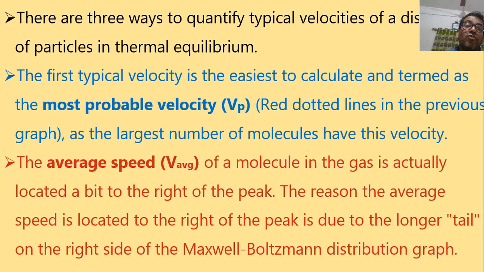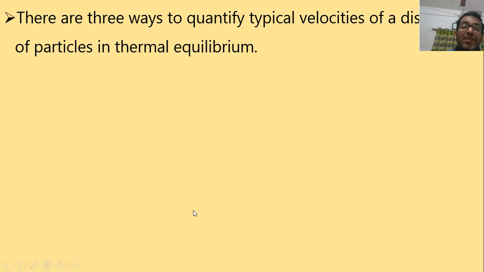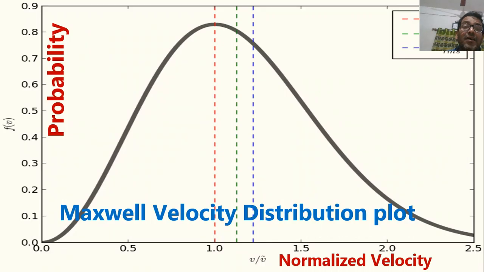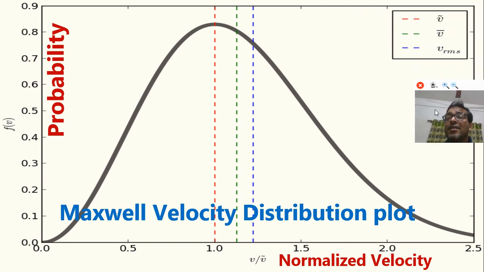Okay, so next is average speed. The average speed of a molecule in the gas is actually located a bit to the right of the peak that we have seen. The green one is basically the average speed, given as V bar. After that, the blue one is the RMS.